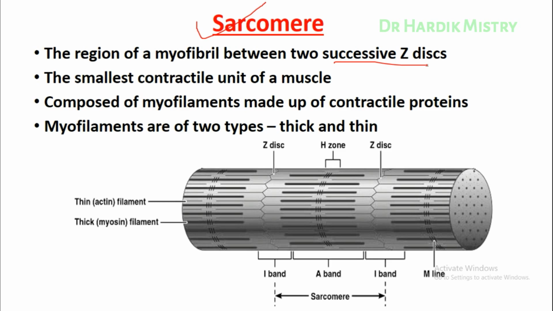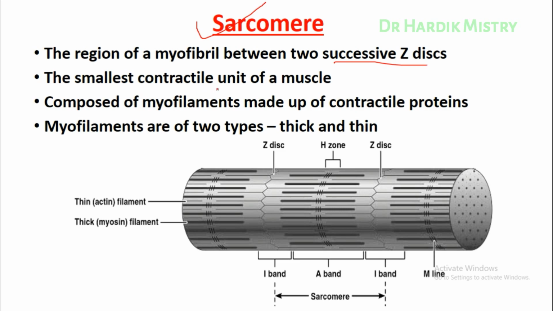Inside the single muscle fiber. Inside the single muscle fiber there are a number of myofibrils, and inside the myofibrils there are a number of filaments, simply actin filaments and myosin filaments. Two types of filaments, but the number may be numerous.